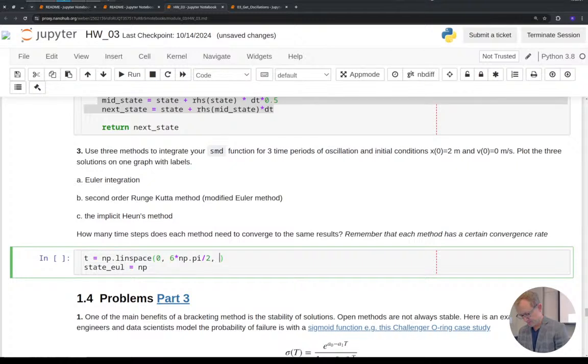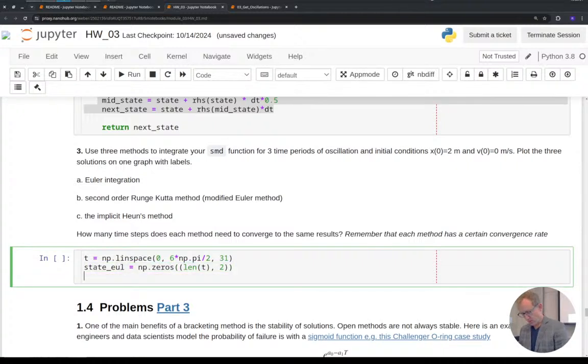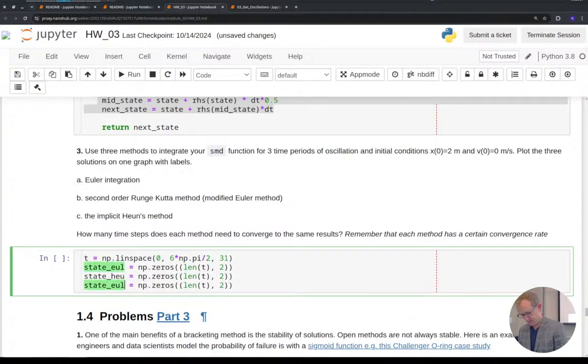I want to have 10 time steps per period, so like 31 steps. I want 2 states for every step in time. And I want to do that for Euler, Heun, and RK2.